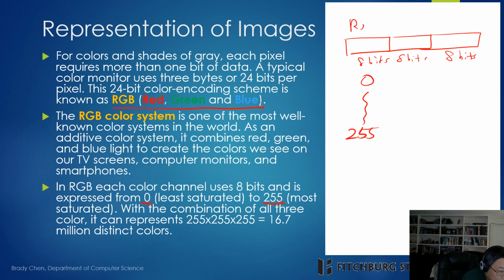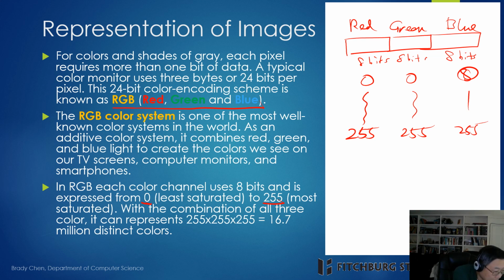That's for red, and for green we can also represent numbers from 0 to 255, and for blue we can do the same thing. If we use 0 for a particular color, it is least saturated, and if we use 255, it is most saturated.